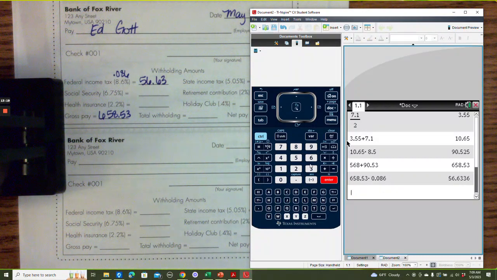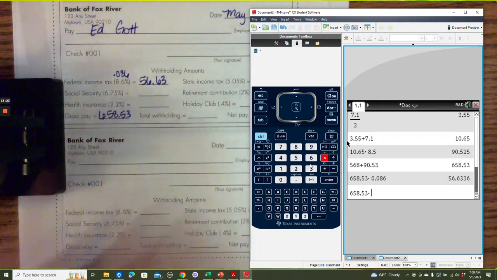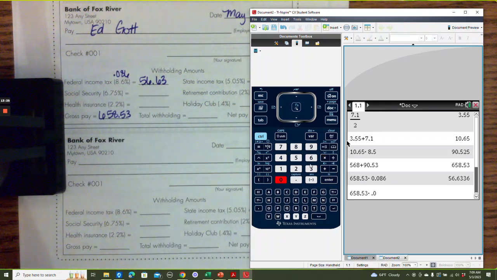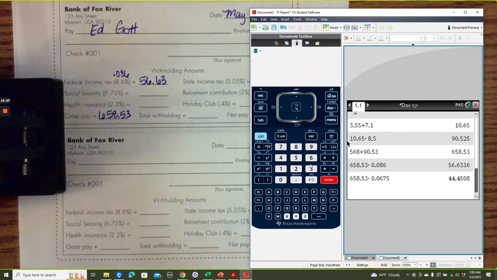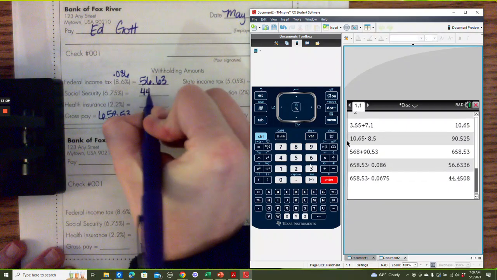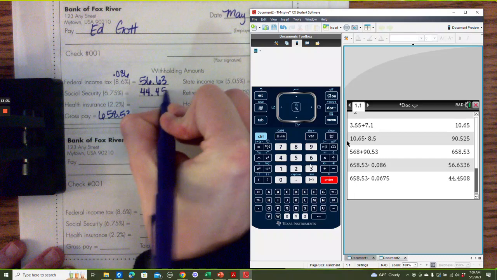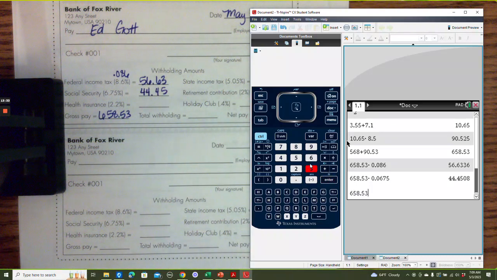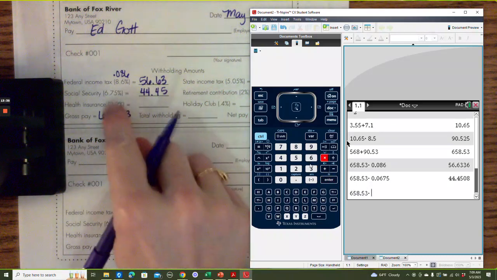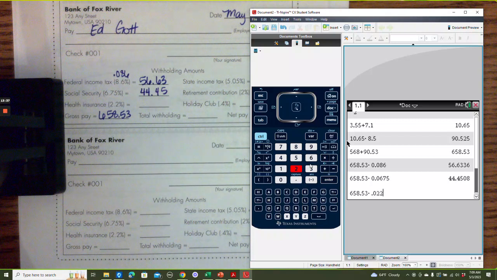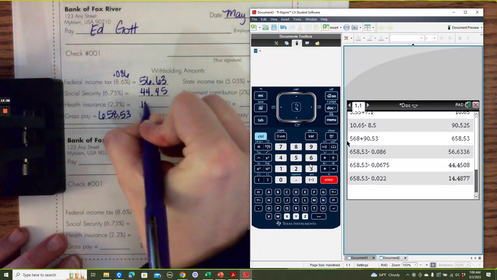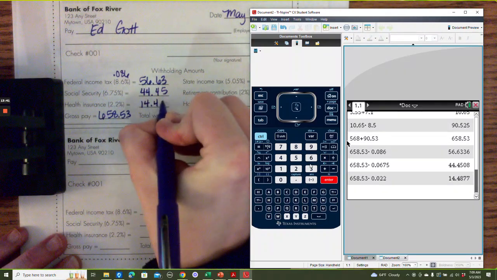Okay, so we do that for each spot here. 6.75 would be 0.0675. So $44.45. Same amount again, times, so this would be 0.022, $14.49.